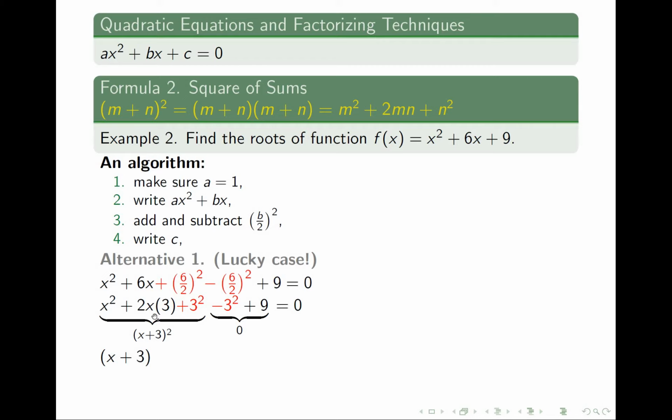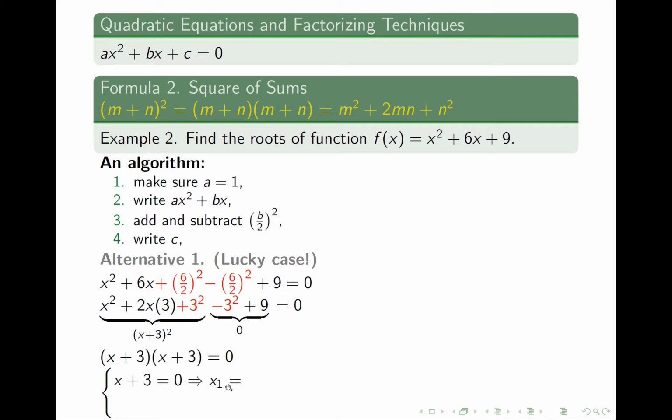So this, (x plus 3) squared, is nothing but (x plus 3) times (x plus 3), and it equals 0. So we have two cases again. Either the expression in the first pair of parentheses should be 0, or the expression in the second pair of parentheses should be 0.